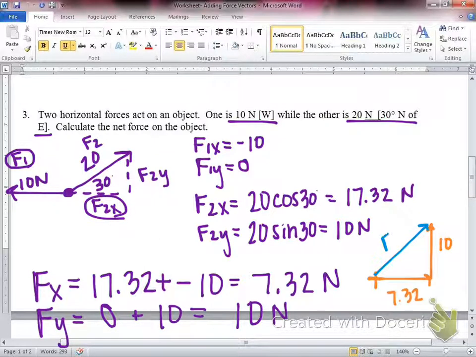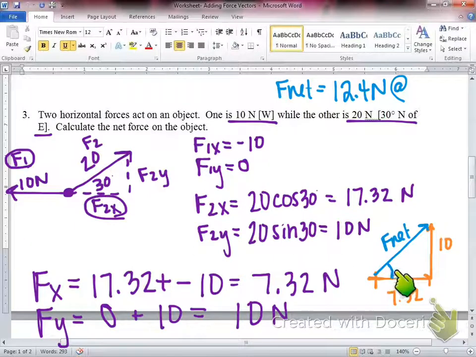And my overall net, I'm going to find by finding the hypotenuse of that. How do I go about finding this angle right here? Inverse tangent, or tangent -1 of opposite over adjacent. So 10 divided by 7.32.